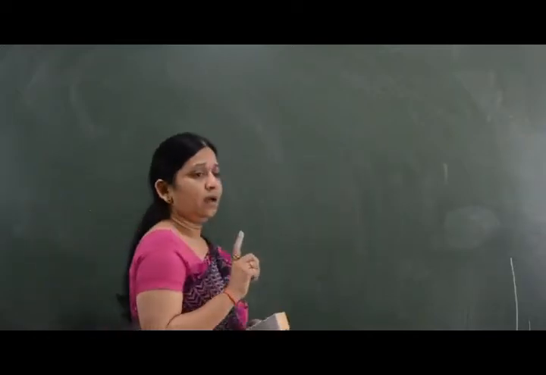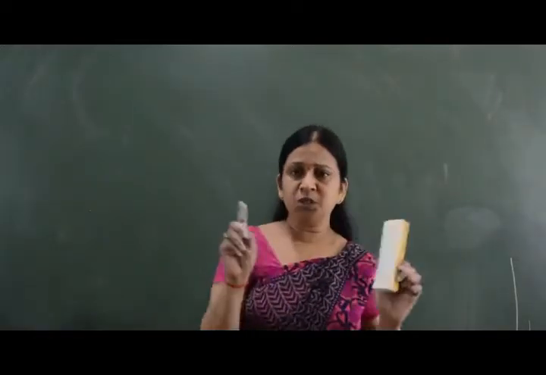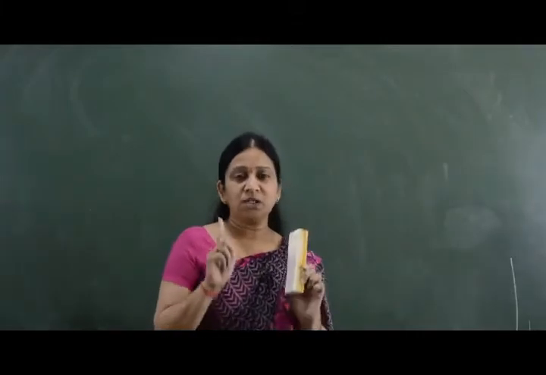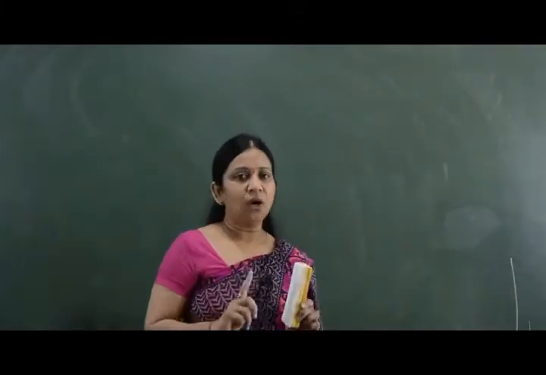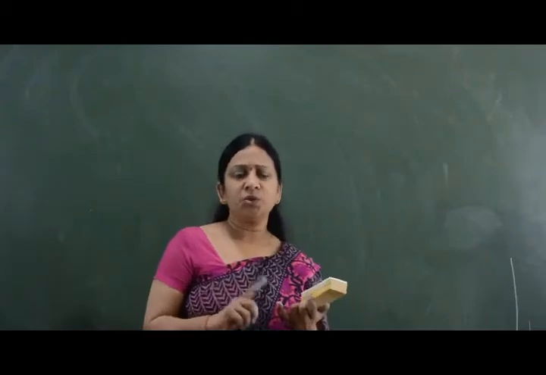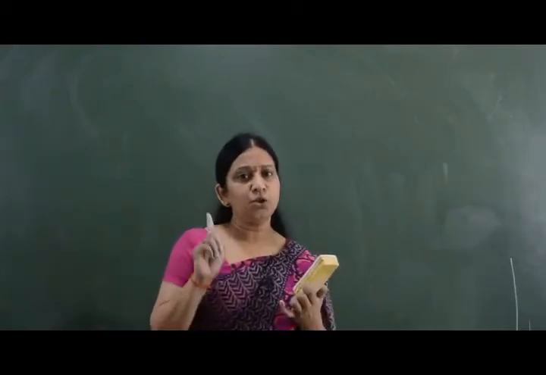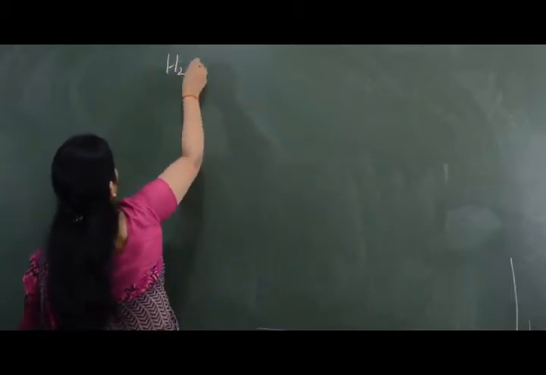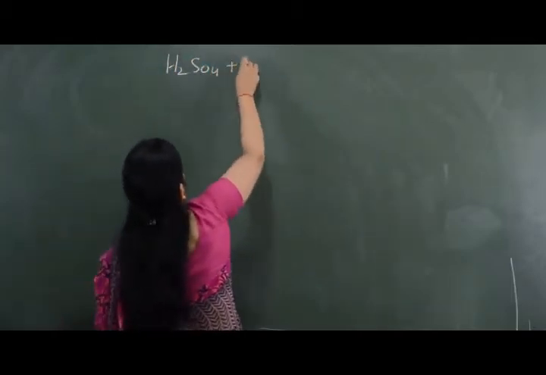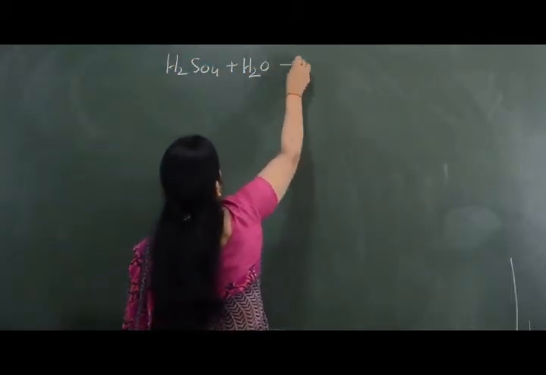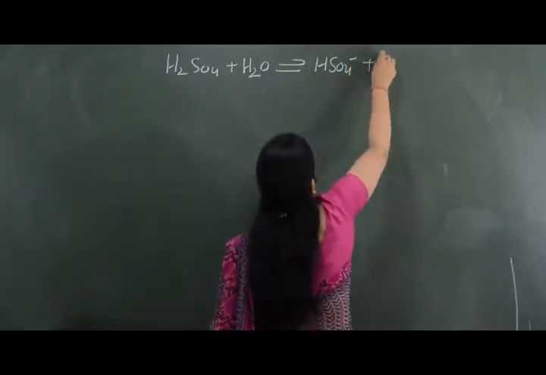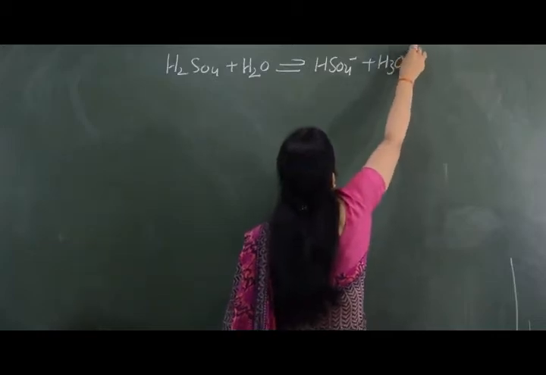Here we study the system of dissociation of sulfuric acid in water. Now sulfuric acid is completely soluble in water, plus it is going to completely dissociate, but in 2 steps. So when sulfuric acid dissociates in water, the first equation gives HSO4 minus plus hydronium ion.